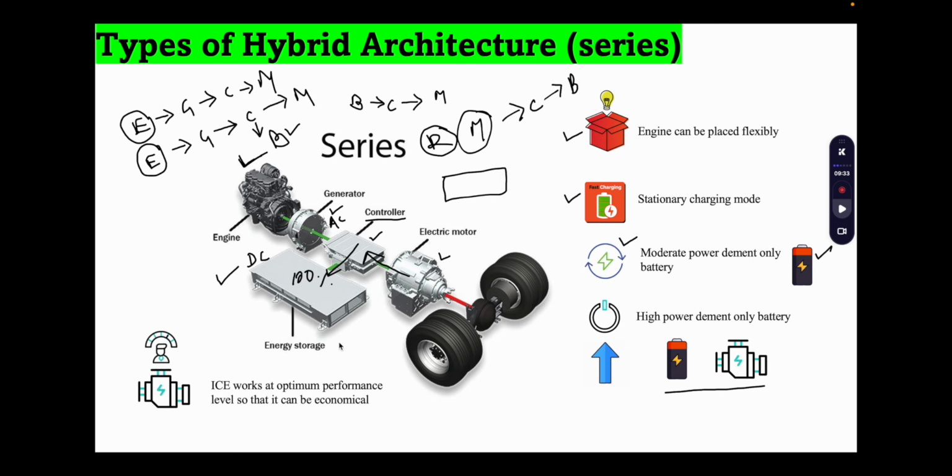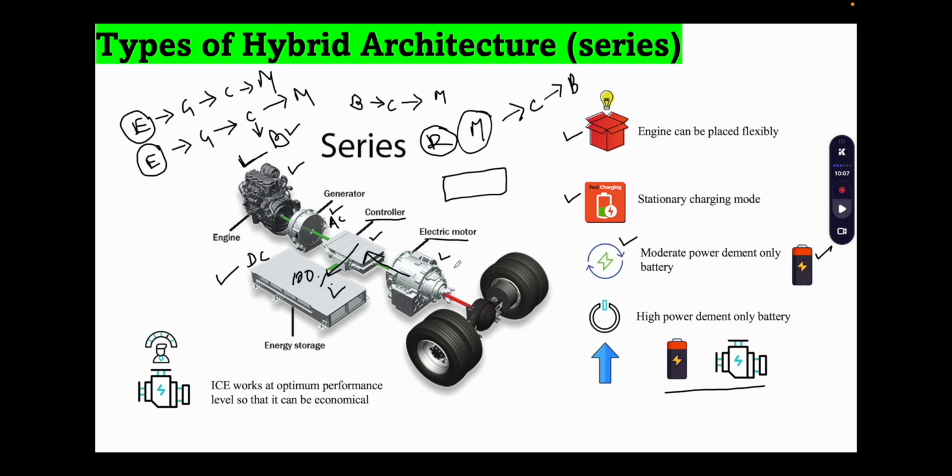So with this electric vehicle, you can optimize your engine, along with your battery, if you have a good controller which also controls all the output devices like the electric motor. This saves a lot of cost and increases the range of the vehicle with the same amount of fuel that you put in. Because of this, series hybrid has a good advantage.